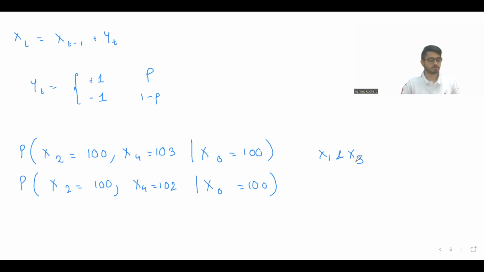Part 4: check whether the process X_t is stationary or not. Note that from an examination point of view, whenever they ask whether a process is stationary or not, we basically have to check whether it is weakly stationary or not. That means we find the mean, expectation of X_t, and covariance, and check whether it is stationary or not.